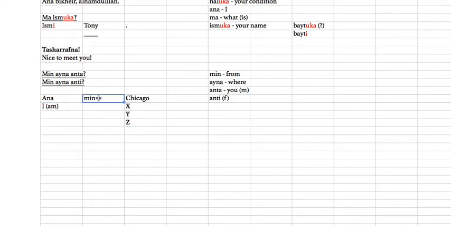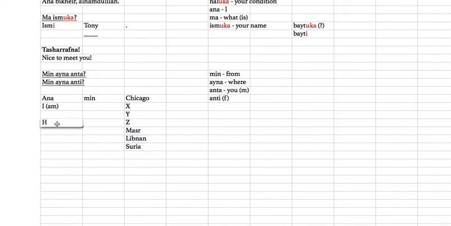So I can say, I'm from Chicago, I'm from New York, I'm from here, I'm from there. Ana min Masr means Egypt. And I'm from Lubnan, Lebanon. And I'm from Syria. A few Arabic-speaking countries. But the verb starting point.